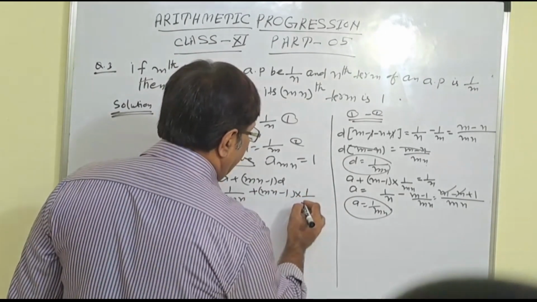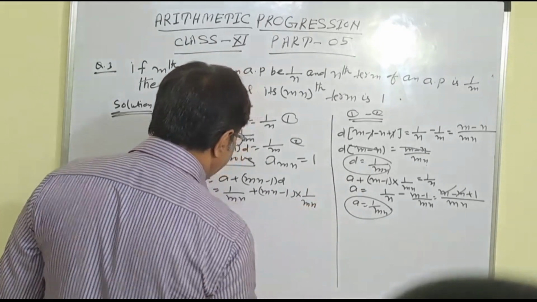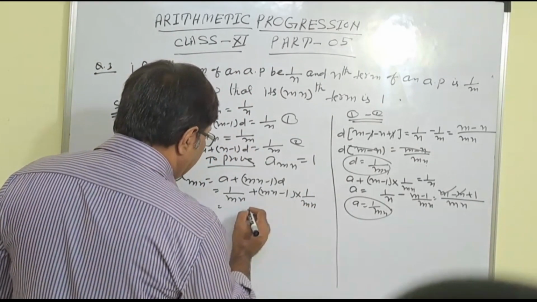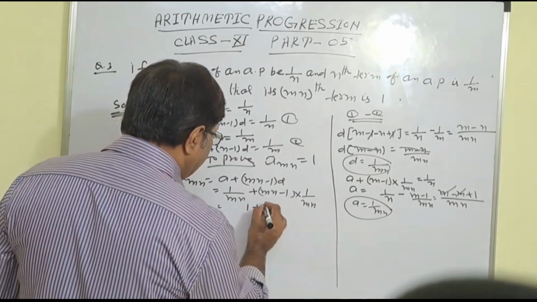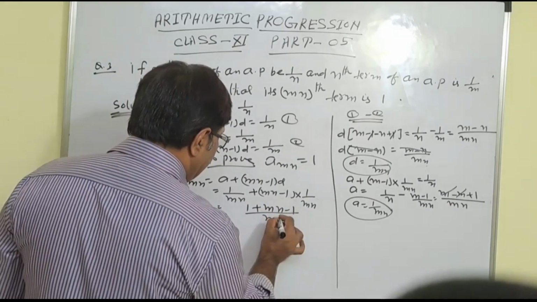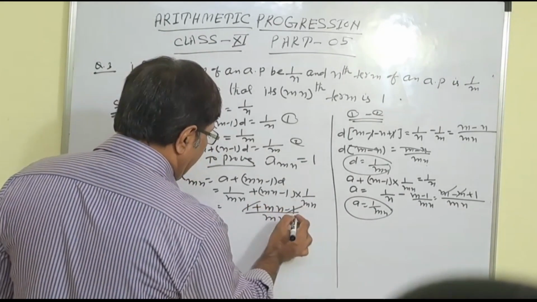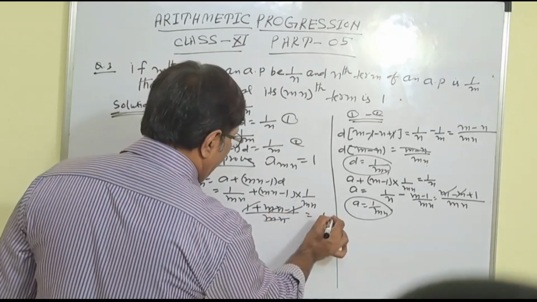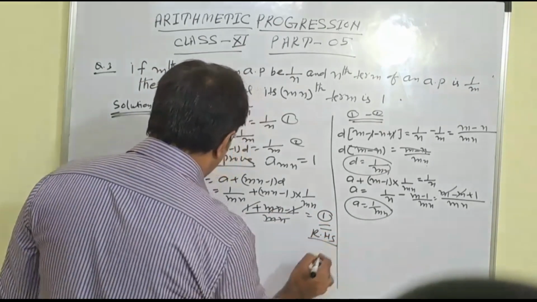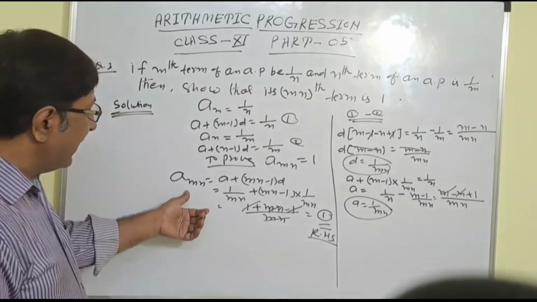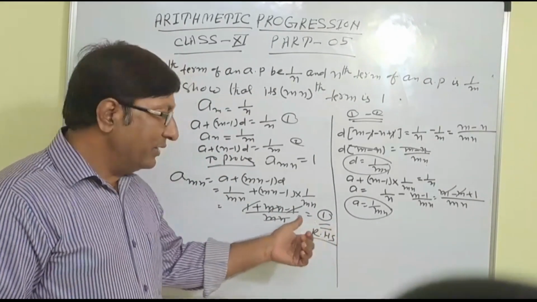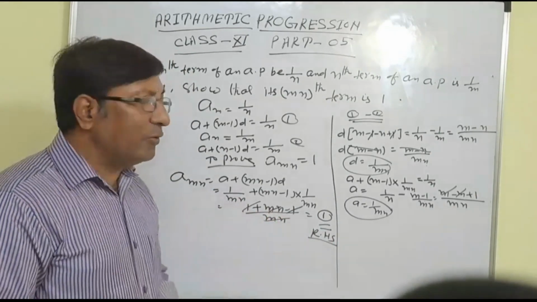Again 1 upon mn. So we can write here LCM mn, so 1 plus mn minus 1, and here what? mn. So 1 cancels and this mn cancels. We get what? 1. So this is the proof, that is A_mn, that is, the mnth term of the AP is what? 1. This is the proof, LHS equal to RHS.